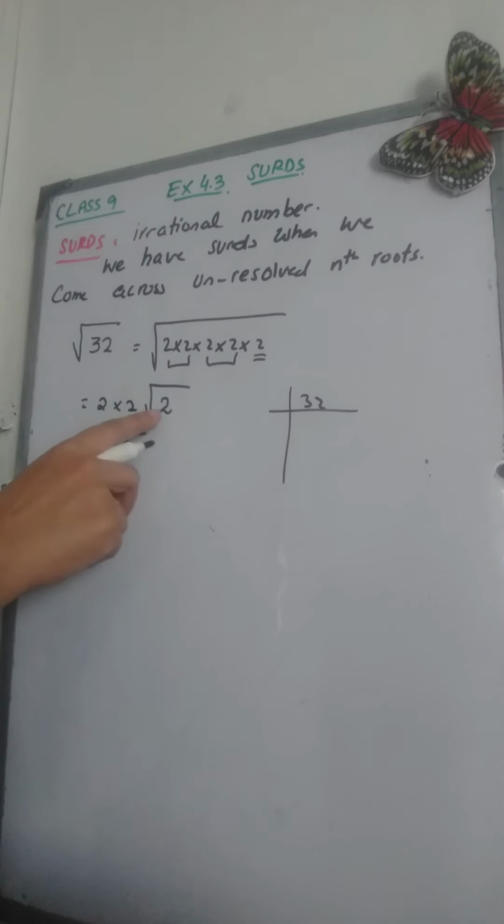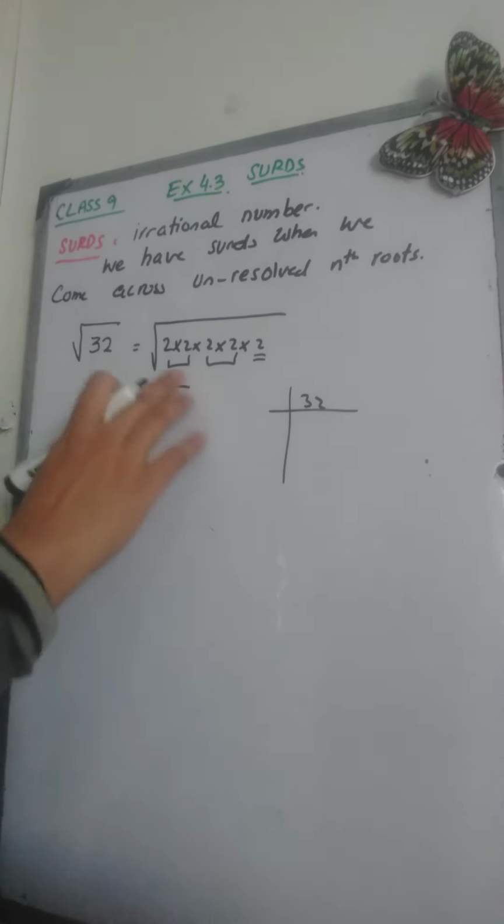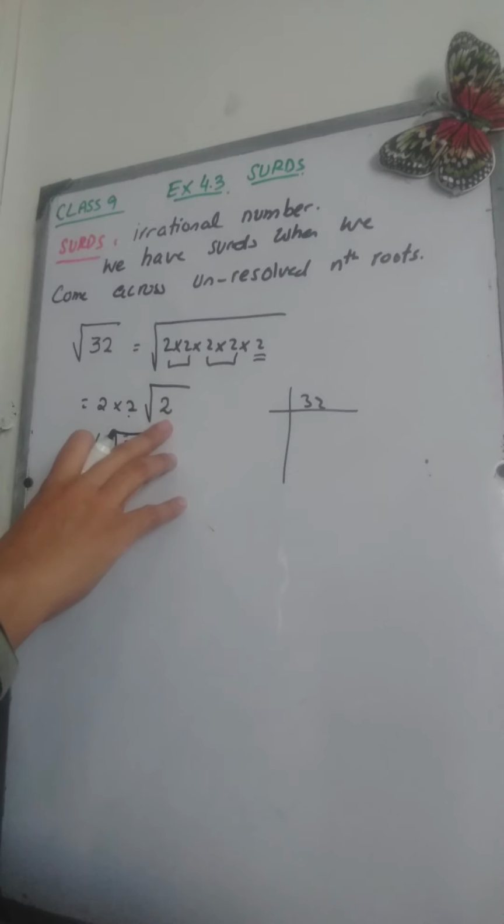Okay, so the square roots of prime numbers are always irrational because they remain under the radical sign. We can't pull that number outside the radical sign, therefore it remains under the radical sign, and this always gives us an irrational number. So the square root of prime numbers are always irrational.